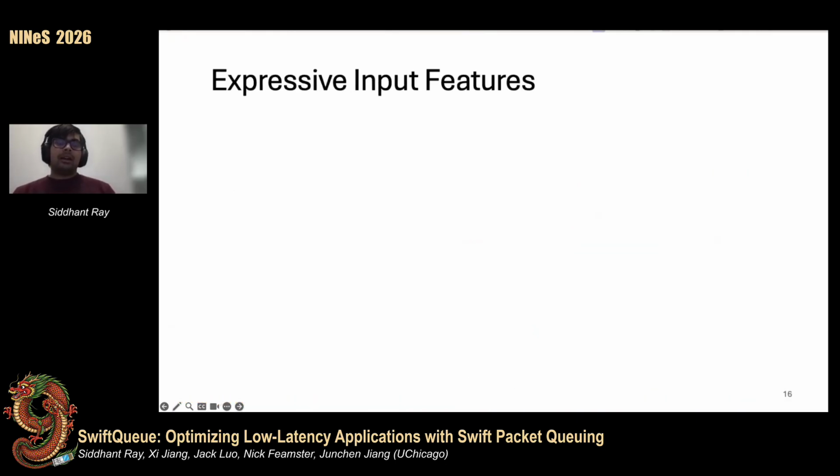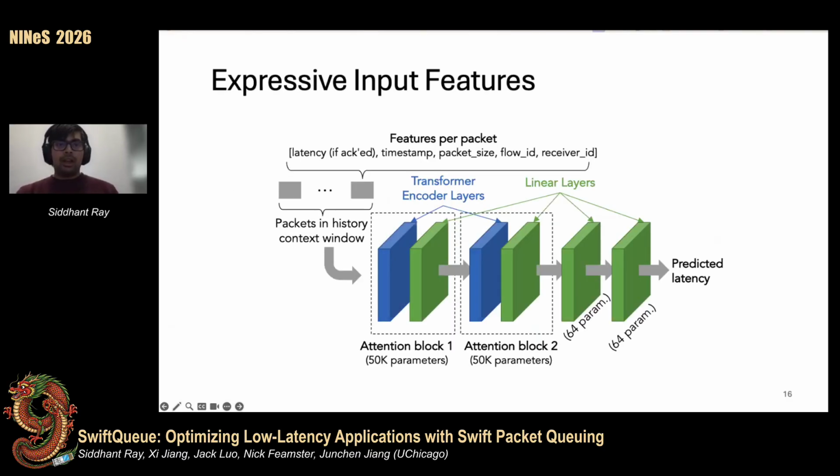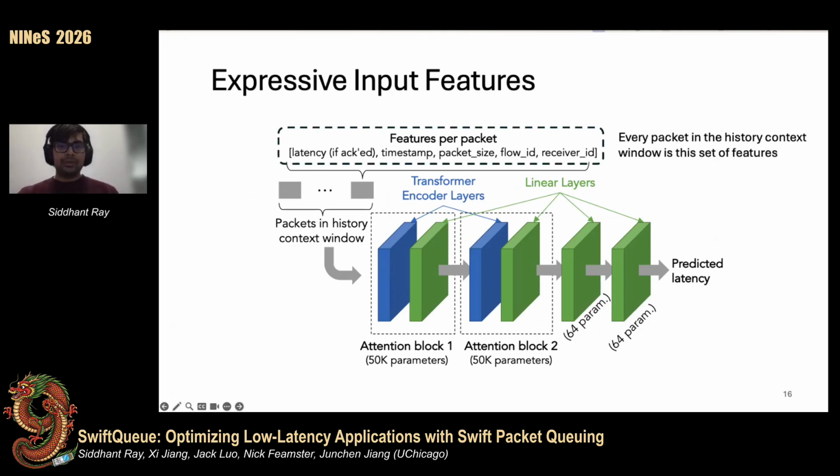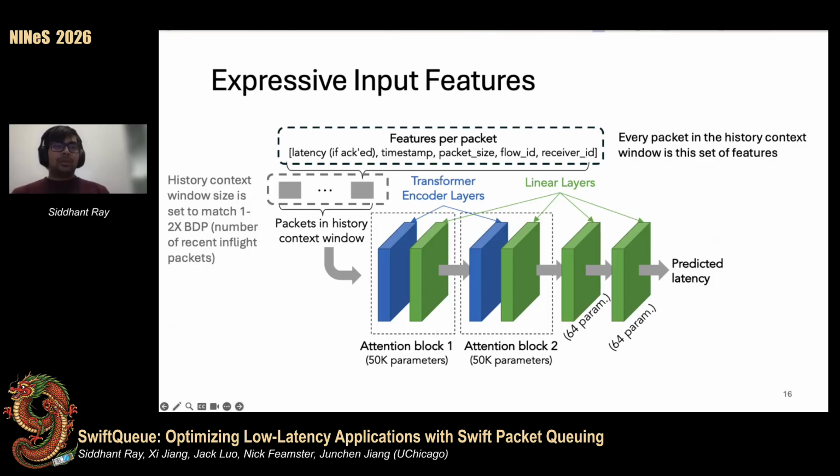We also need expressive input features because just learning the future latency of packets based on past latency was not enough. So we have a small feature set per packet where we have the latency values if the acknowledgement has been received, and other features such as the timestamp, packet size, flow ID, and receiver ID. And every packet in the context history window has a set of features which is used to train or fine-tune the transformer. And the context history window size also needs to be contained to a size where fine-tuning is actually efficient.